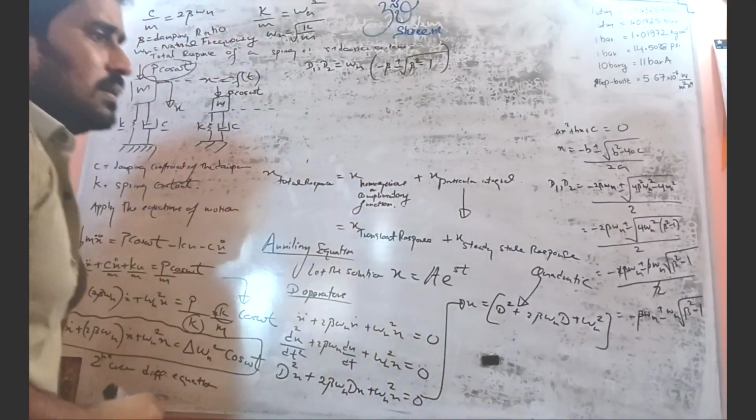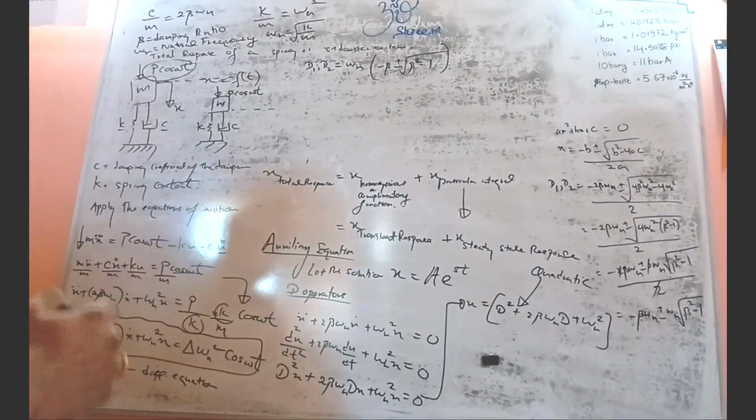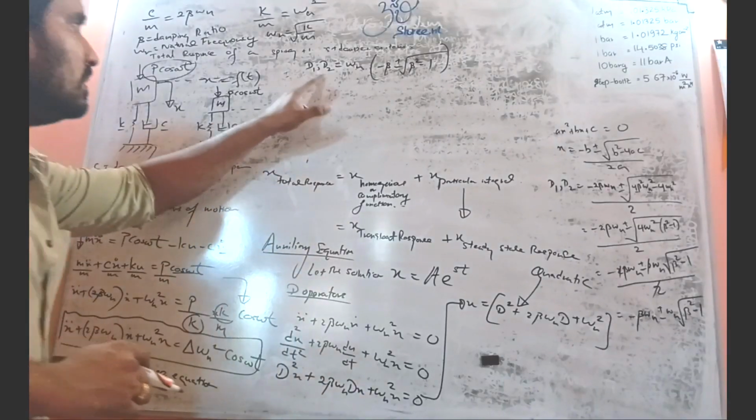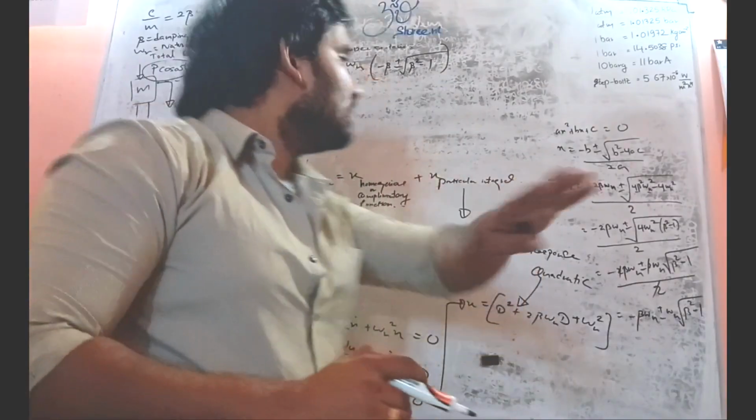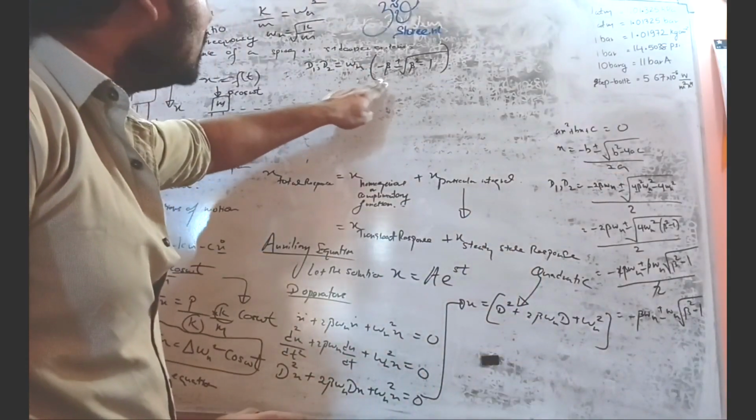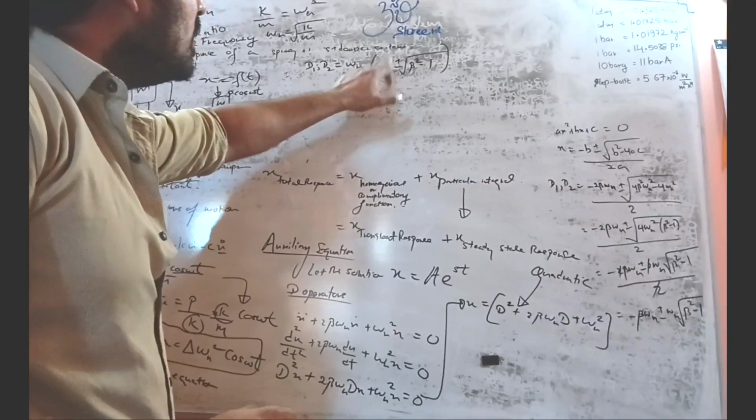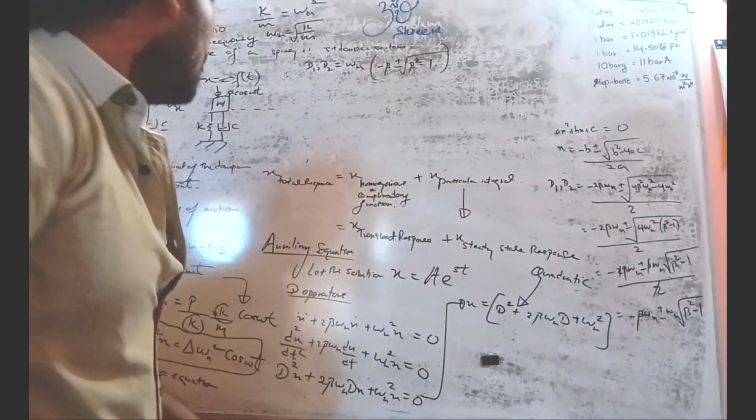That is the answer, very important. d1, d2 means there are two possibilities. So that equals omega n times minus beta plus or minus the square root of beta squared minus 1.